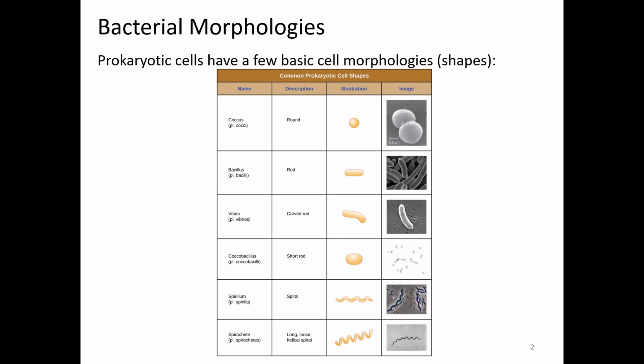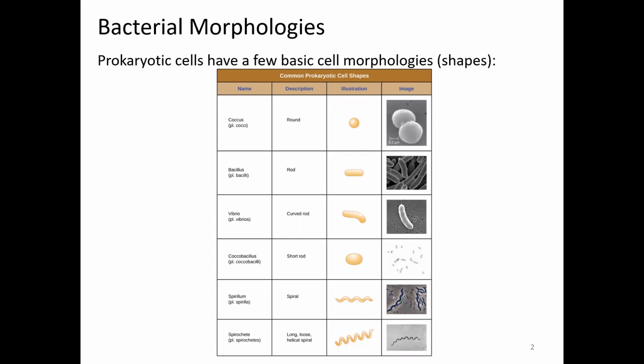All right, two other shapes that you will encounter during this class are vibrio, which is more of like a comma-shaped cell, so comma or curved. And then coccobacillus, I think, causes myself and others to overanalyze the shapes of cells, but there are some that do look like squished bacillus.